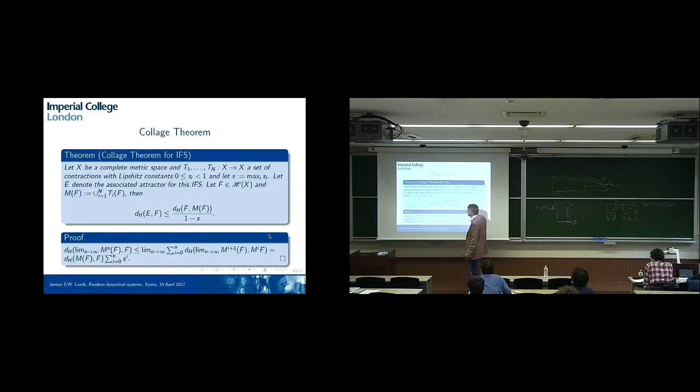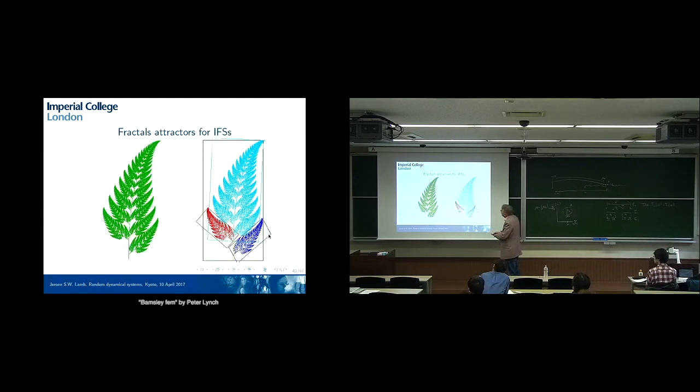This is the idea. So it looks like this collage scheme, what's a collage? I have a set f, and I try to find transformations so that I can shrink the picture and map it back onto itself so that it covers very nicely. So in the example of the fern, this was exactly possible.